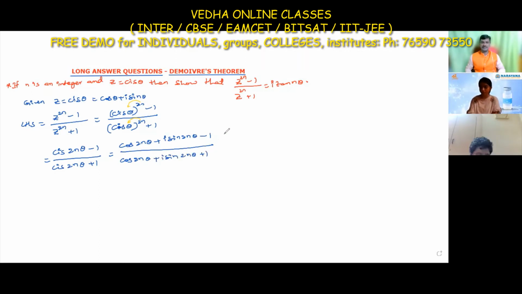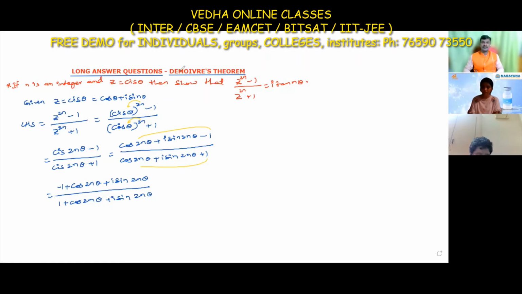Now I am writing these together: minus 1 plus cos 2n theta plus i sin 2n theta, whole divided by 1 plus cos 2n theta plus i sin 2n theta.